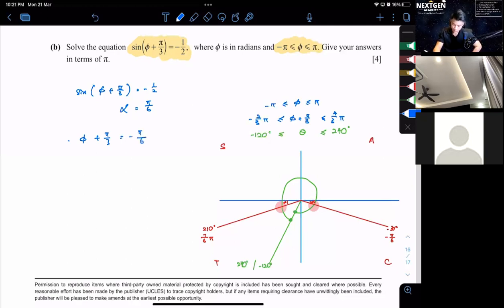The first one, phi will be equal to negative pi over 2. Then phi plus pi over 3 equals 7 over 6 pi, and then you get phi equals 5 over 6 pi.